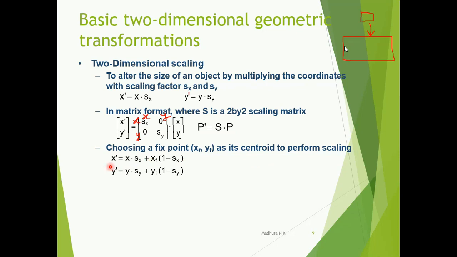If you are going to do the scaling with respect to xf and yf, then you can write x dash is equal to x into sx plus xf into 1 minus sx. So this is the scaling factor of s, and y dash is equal to y into sy plus yf into 1 minus sy. So this is our scaling formula. These are the two main formulas you have to write. In coding also you have to write the same formula.